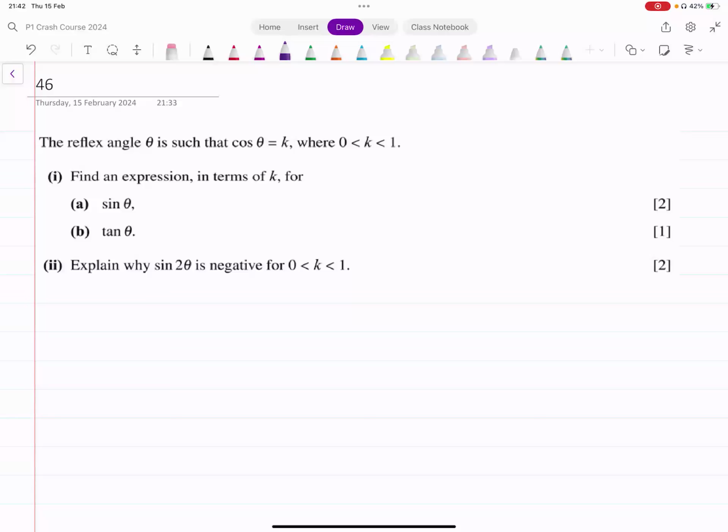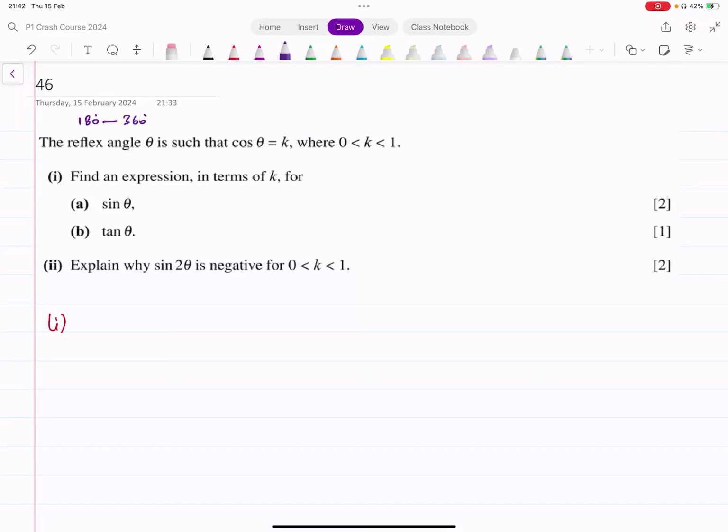Question number 46, it says, the reflex angle theta is such that cos theta equals k, where k is between 0 and 1. What is a reflex angle? What's a reflex angle? Does anyone know? Greater than 180. Yeah, and so it's between greater than 180 and 360. Yeah, so reflex angle is an angle between 180 degrees and 360 degrees.